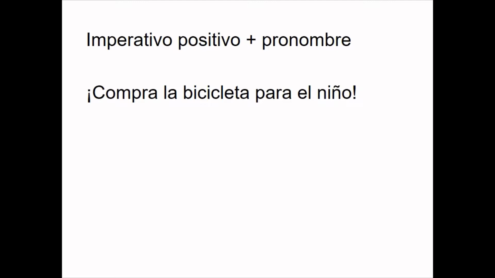La bicicleta is the direct object. The pronoun is la. Para el niño is indirect object. The pronoun is le. Because le coincides with la, it becomes se. Cómprasela.